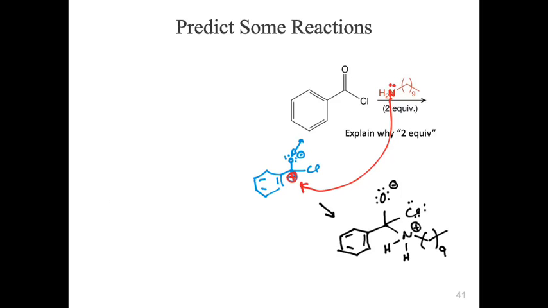We need to deprotonate the nitrogen. So the electrons need to go to the nitrogen, right? Yes. Yeah, and that deprotonation, they should. What's that? No. Okay.